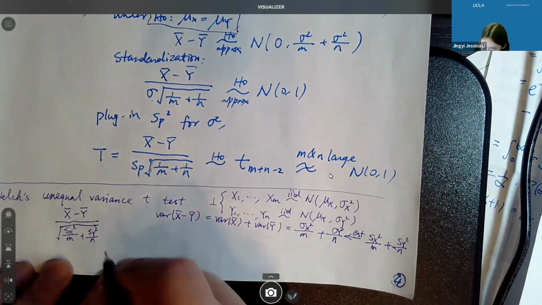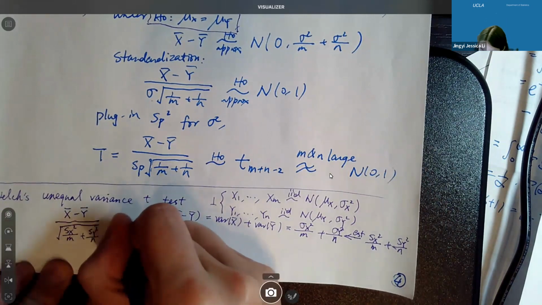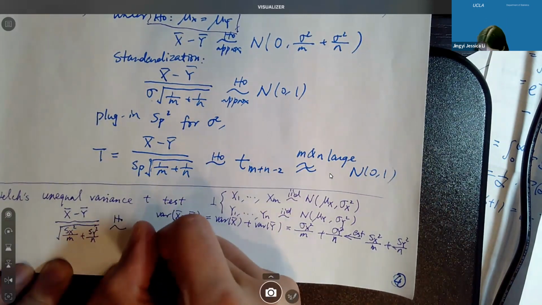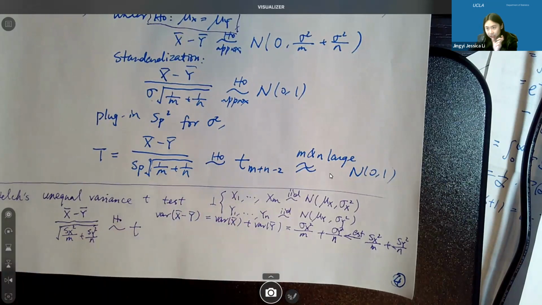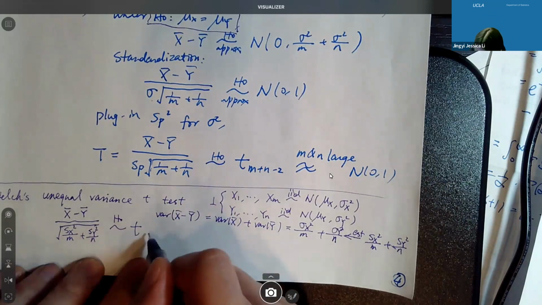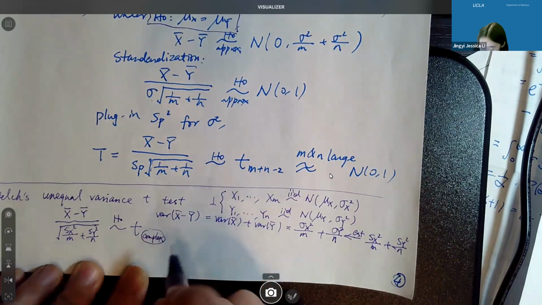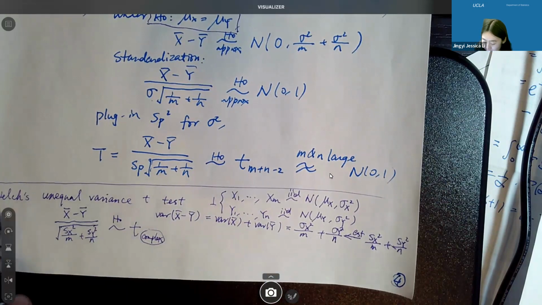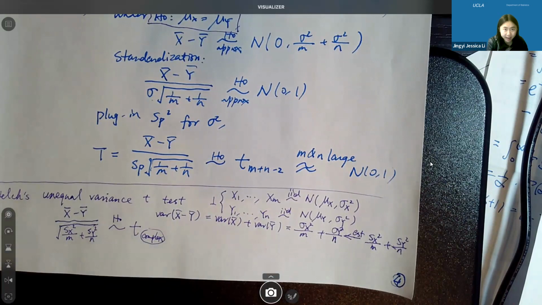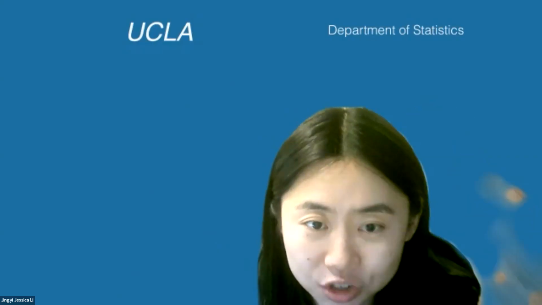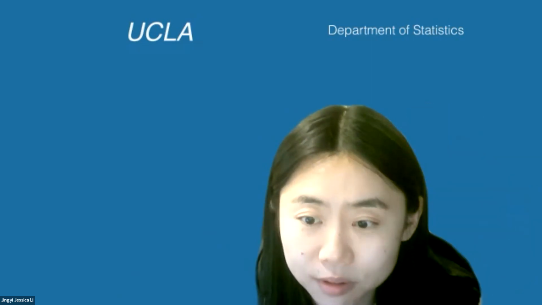Here, we can show that under the null, it also approximately follows a t-distribution, but the degree of freedom is a lot more complicated. So I will leave it here. It's quite a complex thing, and Welch made a very big contribution in deriving this degree of freedom, which I can quickly show you on the wiki page so you can get a sense of what it looks like. Okay, give me 1 second.